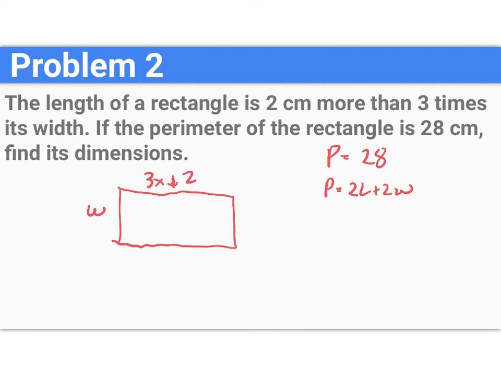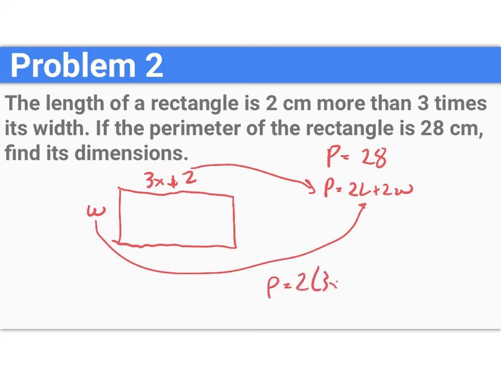And now let's put that in. We're going to put these into here and put these into there. So the perimeter equals 2 times (3x plus 2) plus 2 times its width, which is just W, or x.